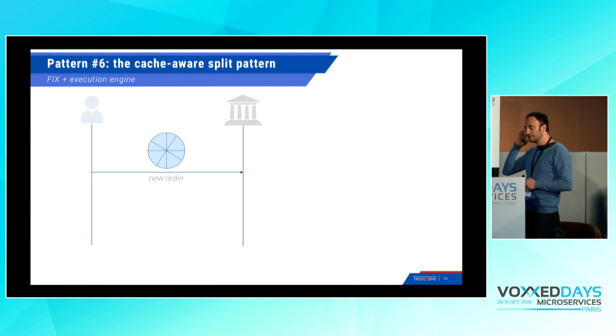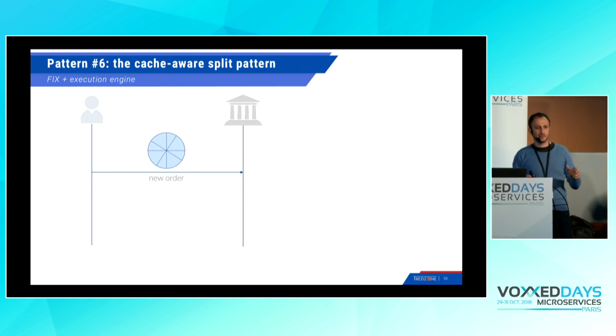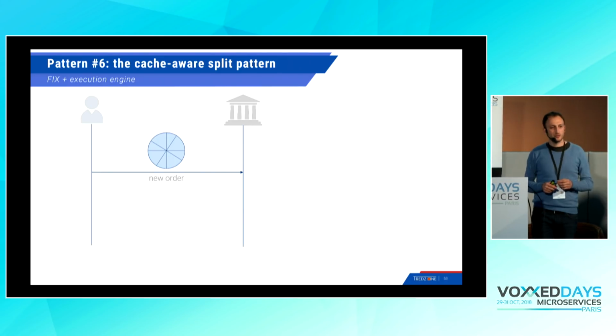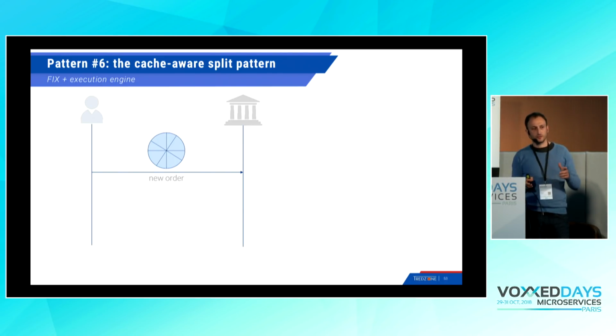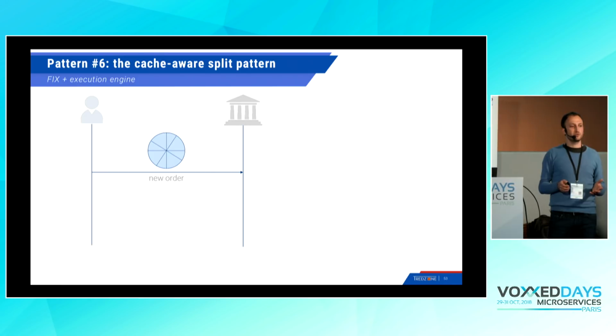So this is a typical example of a FIX engine. I don't know if you know FIX here. In the capital market industry, the communication is often done with the FIX protocol. The FIX protocol is something very heavy, but easy to use.